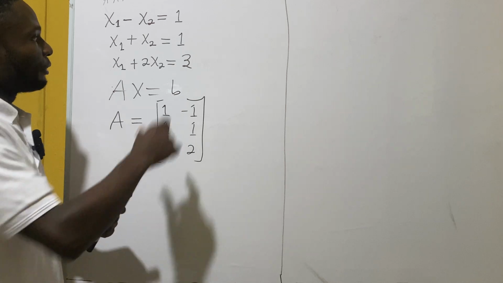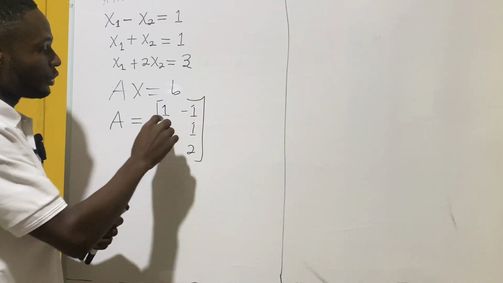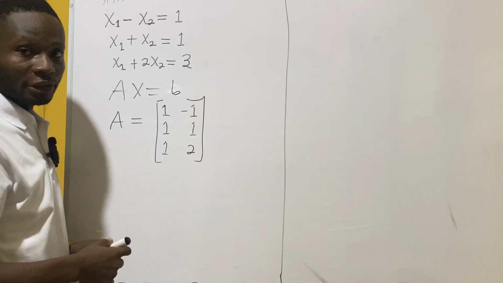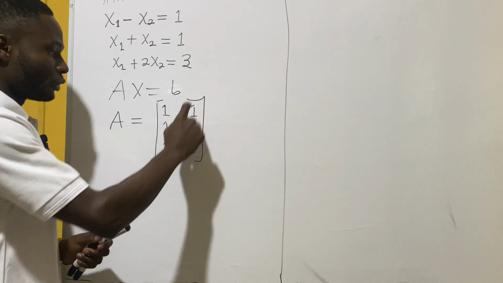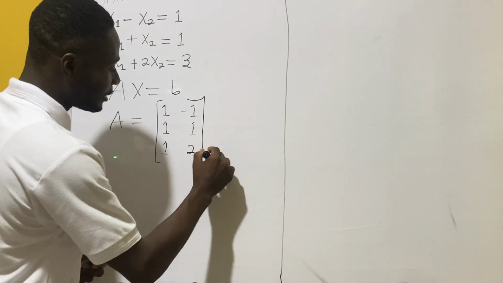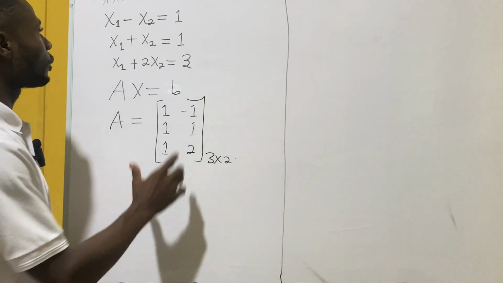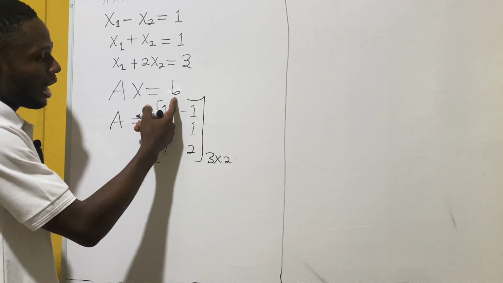So because we have three systems of equations with two unknowns, we are going to have a 3 by 2 matrix, right? 1, 2, 3, and then 1, 2, right? So this is a 3 by 2 matrix. Okay, so we have our A. Let's look for our b.